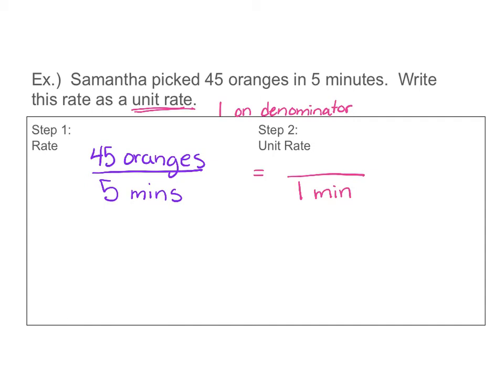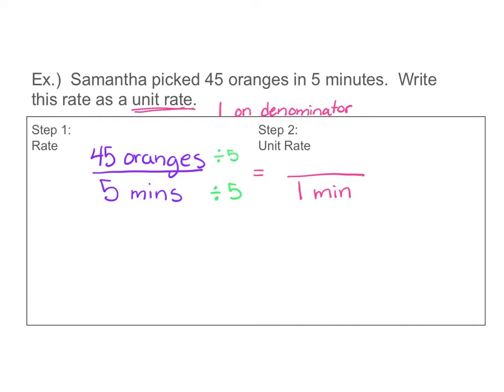Well, how do I get from 5 minutes to 1 minute? I have to divide by 5. So 5 minutes divided by 5 would give me 1 minute. So if I divide by 5 on the bottom, I have to divide by 5 on the top.